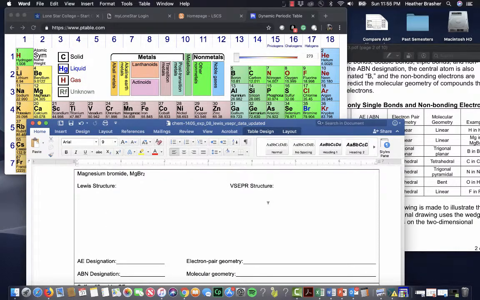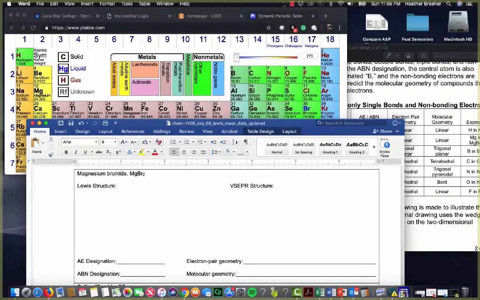Magnesium bromide. So we have magnesium here, bromine here. What do we notice, guys? So when we have this, magnesium is going to have 2, and the bromine is again 7.